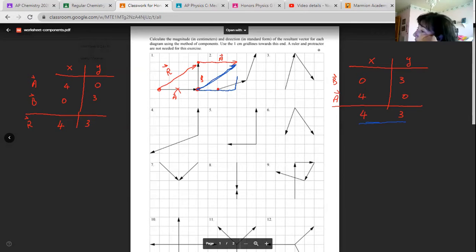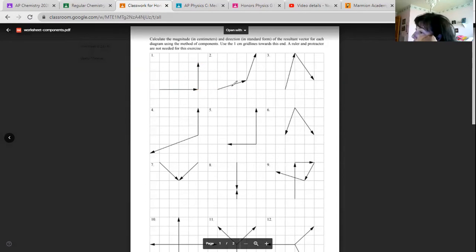So second problem instead. This one, for example, is A. This one, let's say, is B. So let's do again the screenshot here. So we have X and Y. Let's walk A first, so we don't bump into the other stuff. So A is going to have component 3, 1.